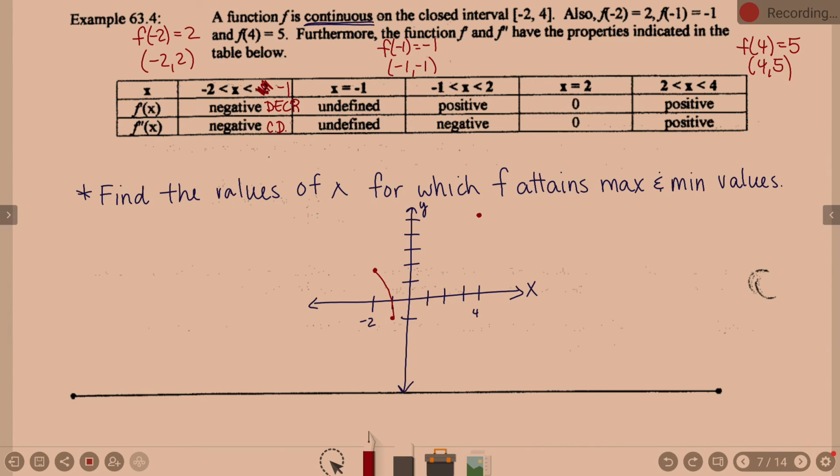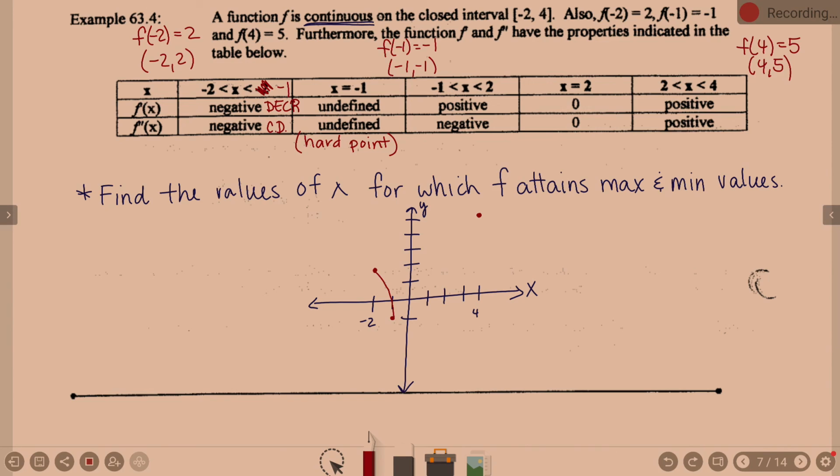Now, an undefined first and second derivative means at -1, this is a hard point. You might call it a cusp in some situations. It's not going to be a rounded point. It's going to be a hard point. Okay. -1 to 2.